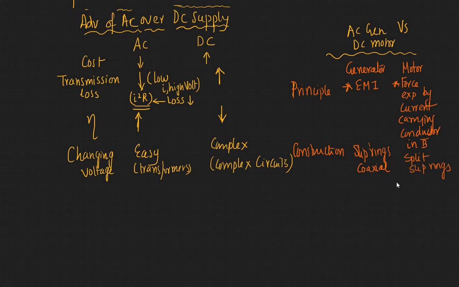In the coaxial you have slip rings like this, and in DC, to ensure that current is always unidirectional, these are your split slip rings. So that is a key difference from a construction point of view.